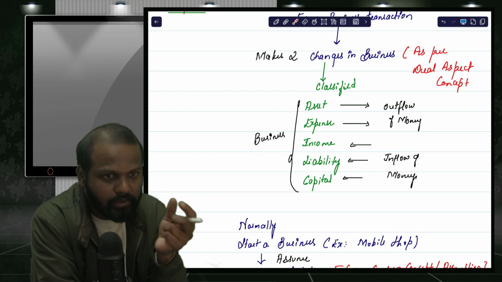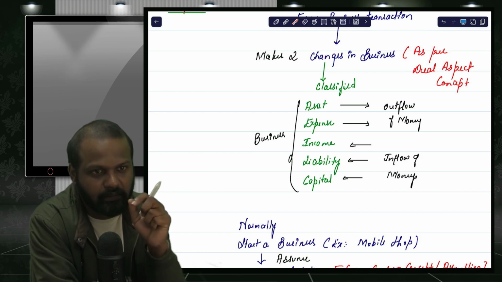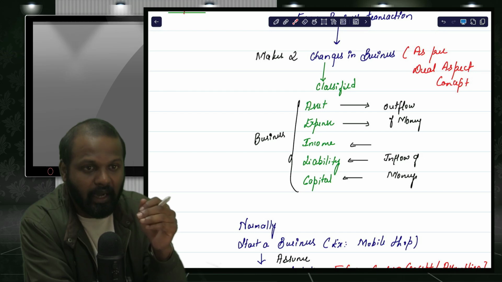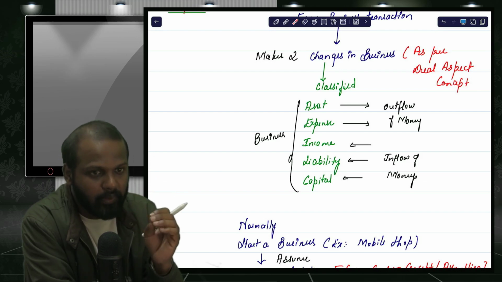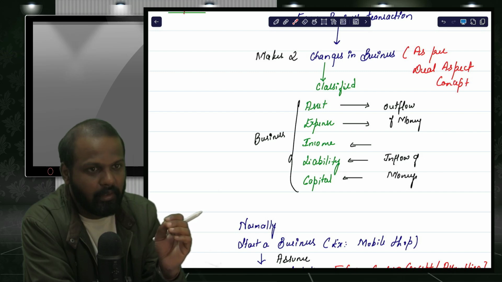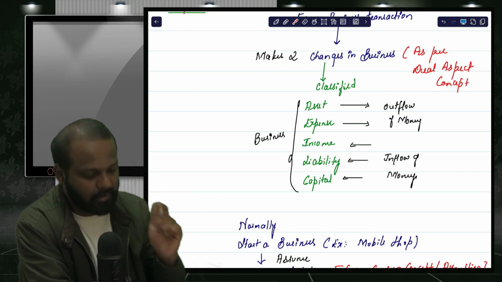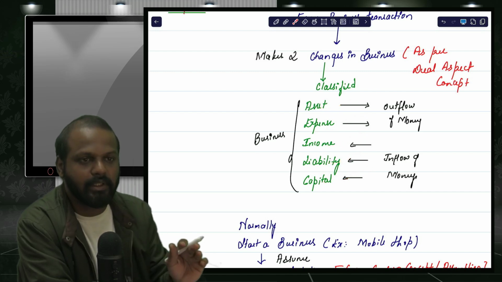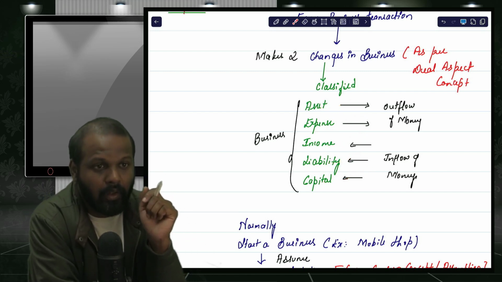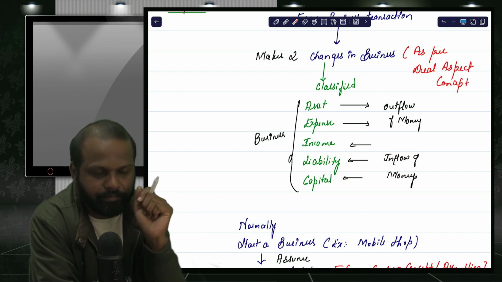So the two changes a business transaction makes can be classified into any of these 5 categories. If a business transaction has happened, out of 5 things something would have changed: either asset, expense, income, liability or capital. These are the most important 5 terms of accounts which we need to understand.